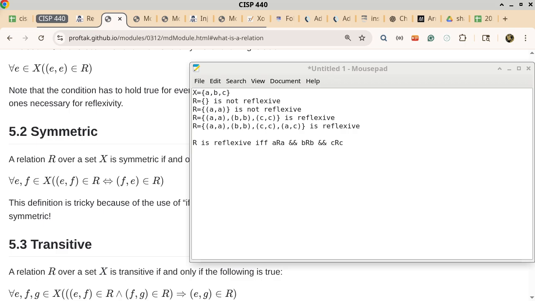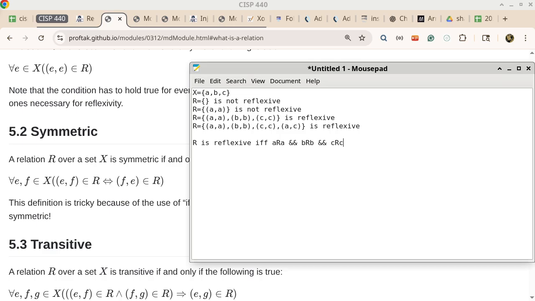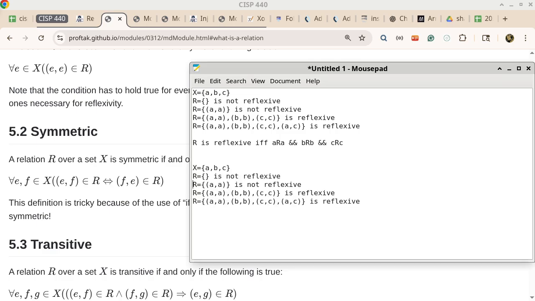We can go back to some of the previous examples. Let me copy and paste a bunch of these down here. This time we don't care whether something is reflexive or not, so we get rid of all the conclusions, because this time we want to know whether they are symmetric or not.